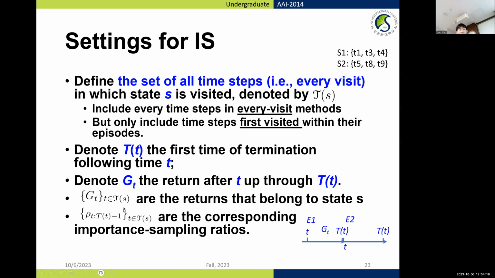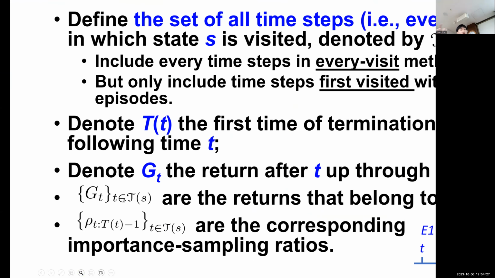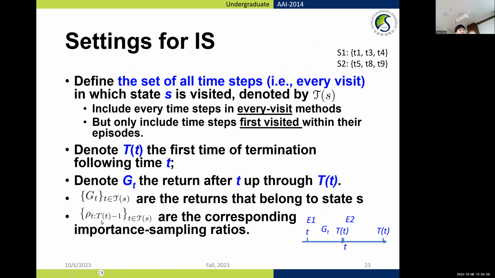So this is the setting we have here. Now the return set belongs to the state S. Then the rho is the ratio, the IS ratio, right?